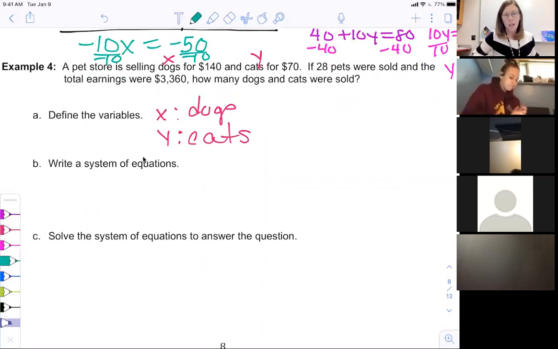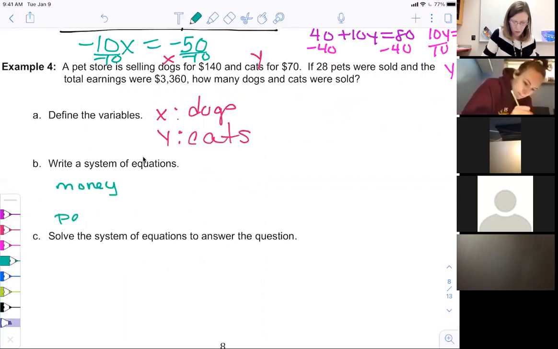Try and write the equation. So this one is like all of the others. We're going to have a money equation, and then we're going to have the total number of pets equation. So try and write that equation. 140 for dogs, 70 for cats, total.